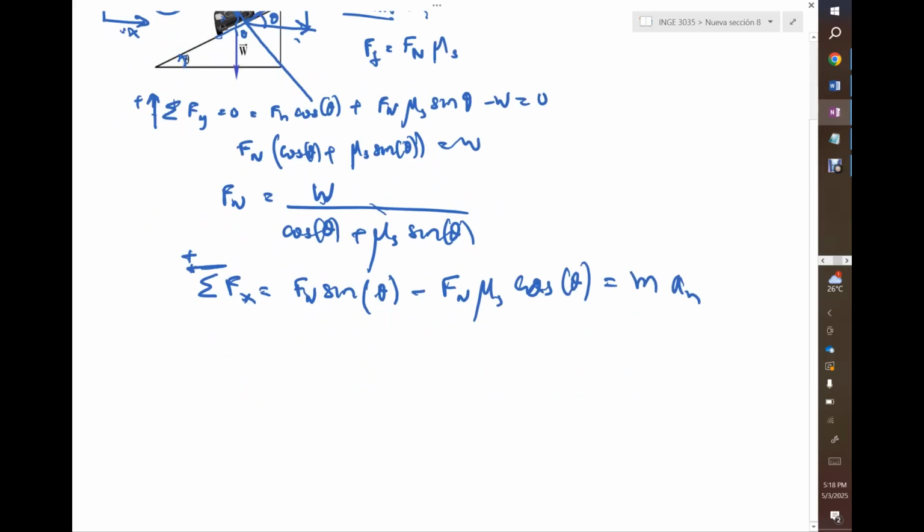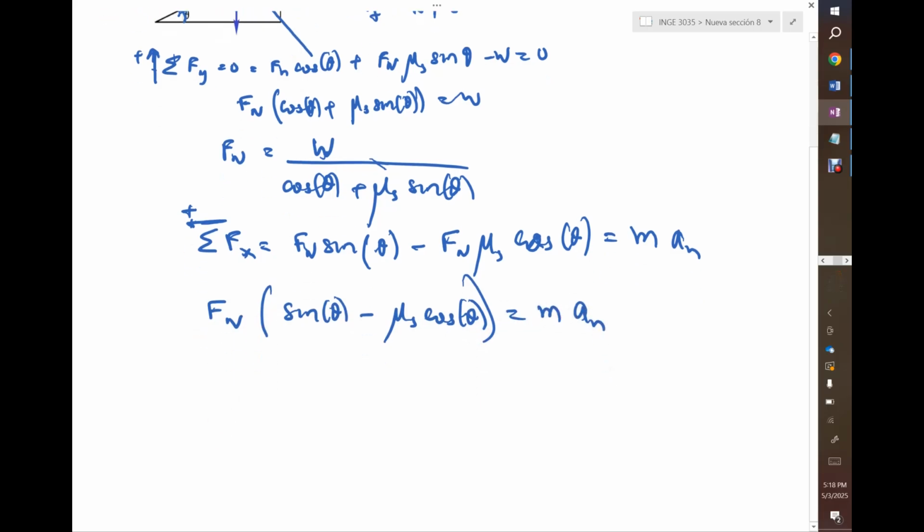So with that said, Fn is a common factor, we can take it out: Fn times sine of theta minus mu s times the cosine of theta, close parenthesis, equal m an. Now Fn is the one shown before, so that's W over cosine of theta plus mu s times sine of theta.